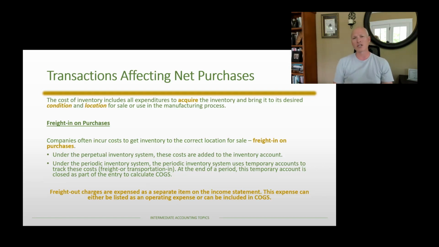So either it's going to be a separate operating expense, which is by far the most common way to do it, or you could have it as an additional part of your cost of goods sold. Some companies have cost of goods sold with 10 different line items that are part of it. Freight out could be one of those costs. But again, it's not tracked to inventory. It's just expensed as you're paying those costs.